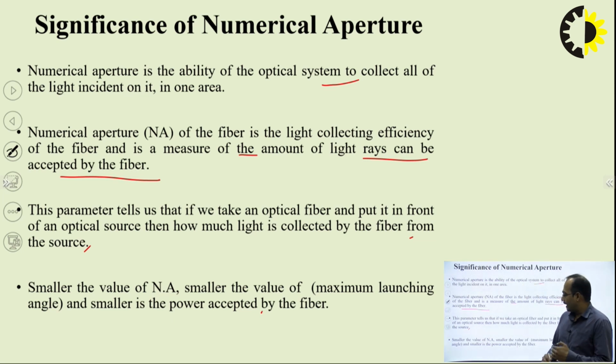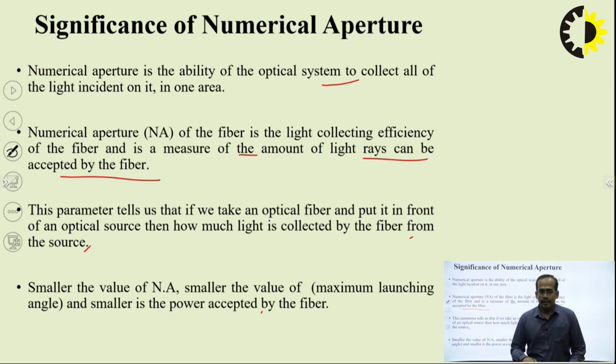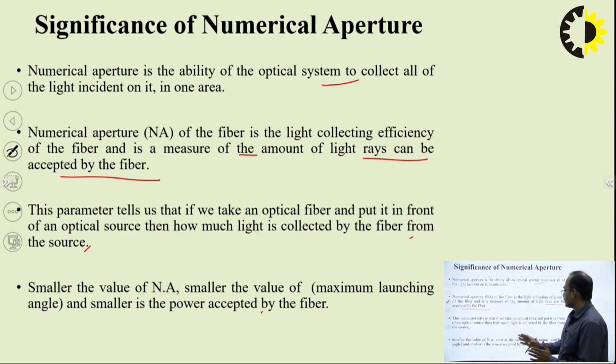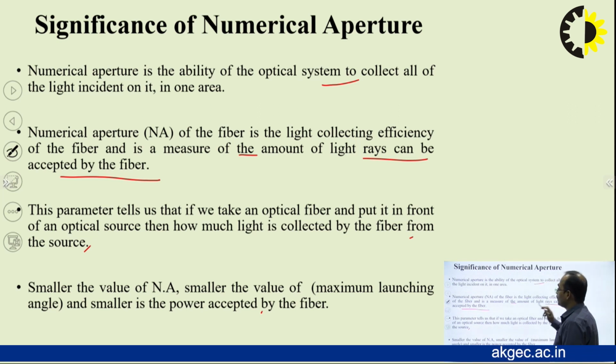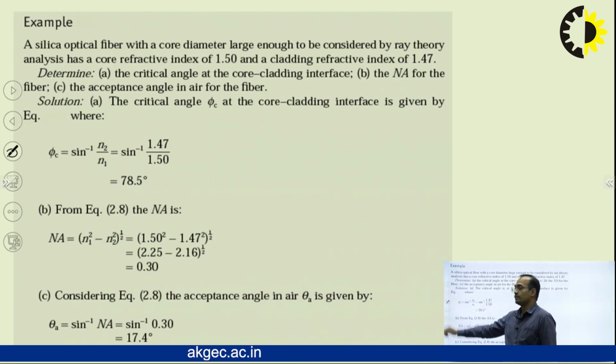So, if the numerical aperture is small, the power accepted by the fiber will be small. It means the acceptance angle is also less in that case. So, you can say the numerical aperture is directly related to the acceptance angle.